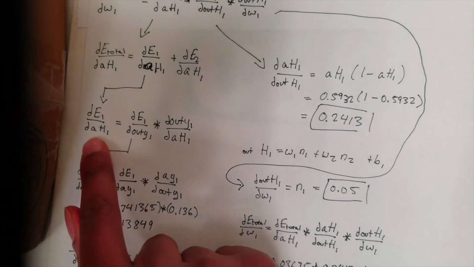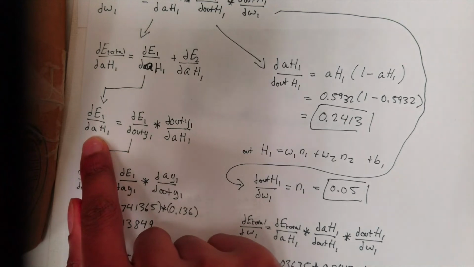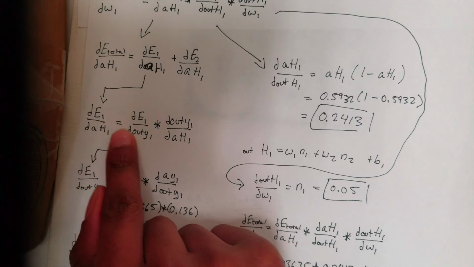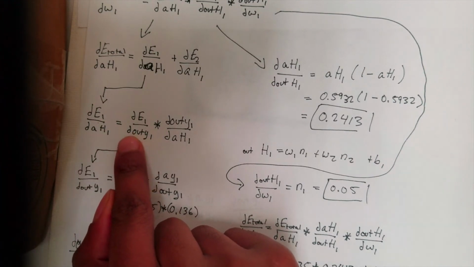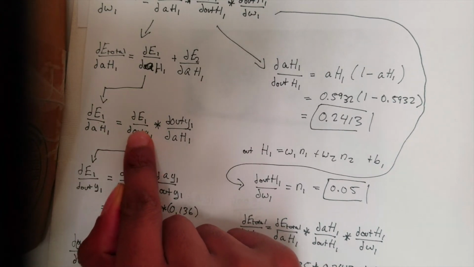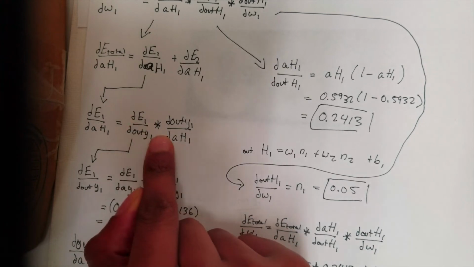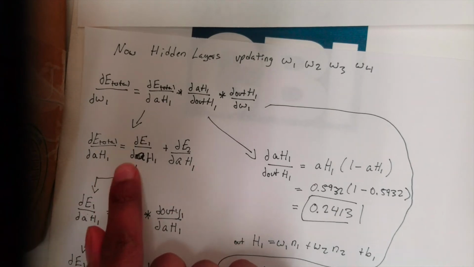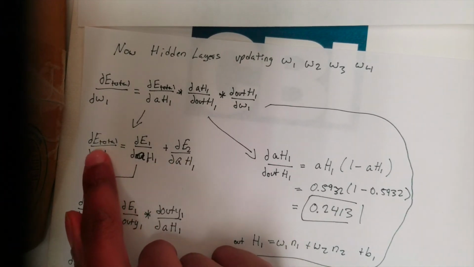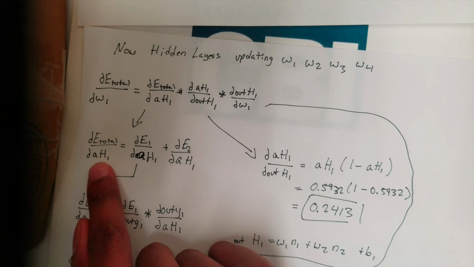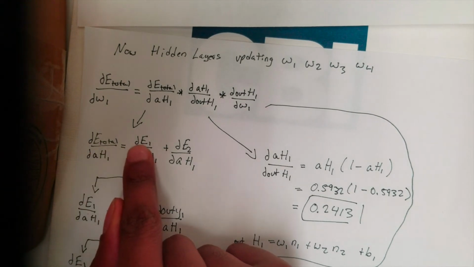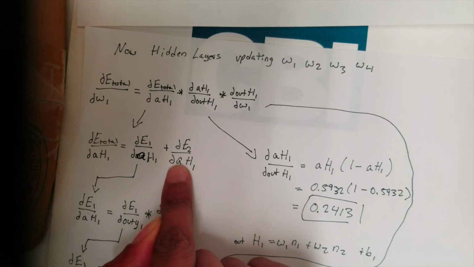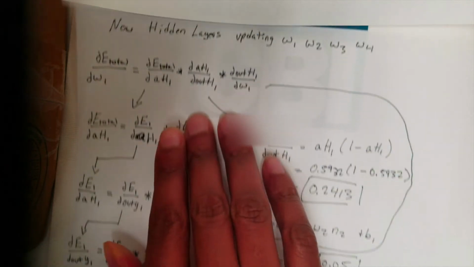Now we look at it and we have the contribution of the activation of H1 with respect to the error total, which is equal to the contribution of the activation of H1 with respect to error 1, plus the contribution of activation of H1 with error 2.